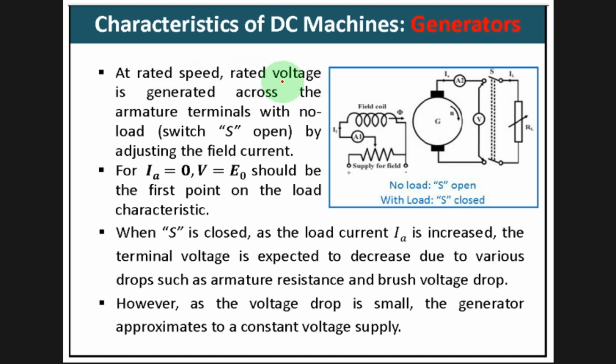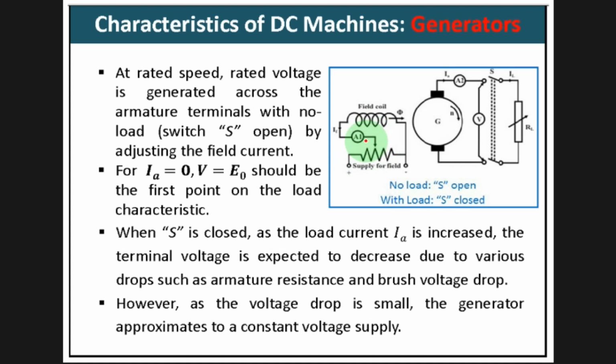At the rated speed, rated voltage is generated across the armature terminals with no load. That means when the switch S is open, this is a special arrangement we can use to draw that characteristic curve. So when the switch S is open, this is running on no load, right?